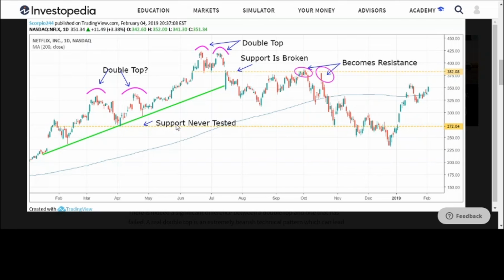This is the support area. So that is why the next trend, despite it making a double top, continued upwards. Now this is also a double top, but here this support area was broken, so that's why the trend continued downwards. Then we have this and this. They become resistance areas, and we can see the support again here was broken, so that is why the trend was downward.